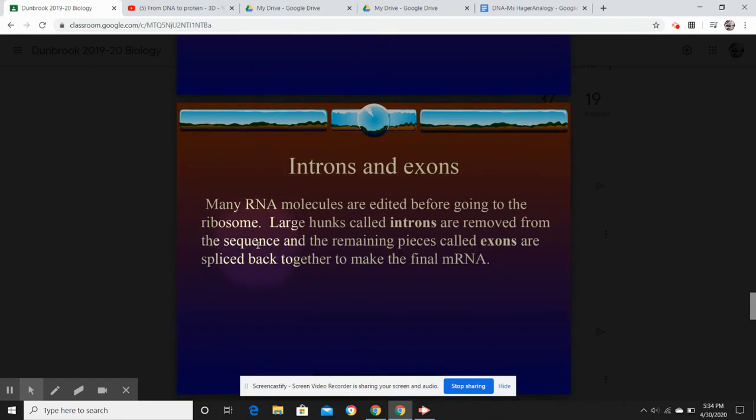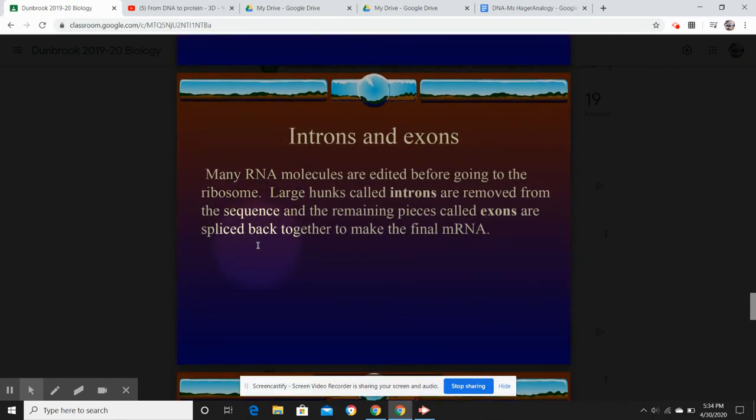All right, and of course, just like when you edit your own papers in English class, sometimes when the copy is being made onto RNA, some sections will be removed and some sections will be made more perfect, just like editing a paper. And we call these chunks that are removed introns, and we call the chunks that remain exons.